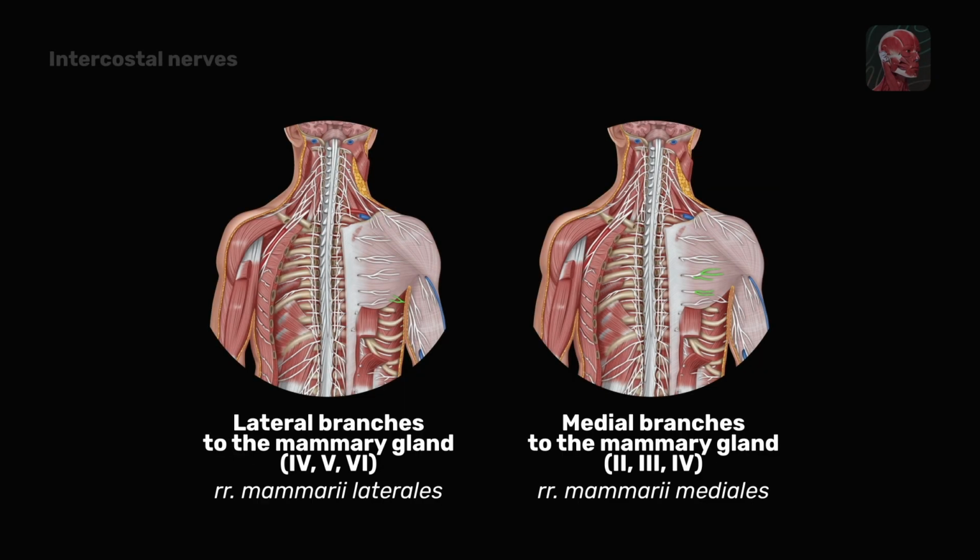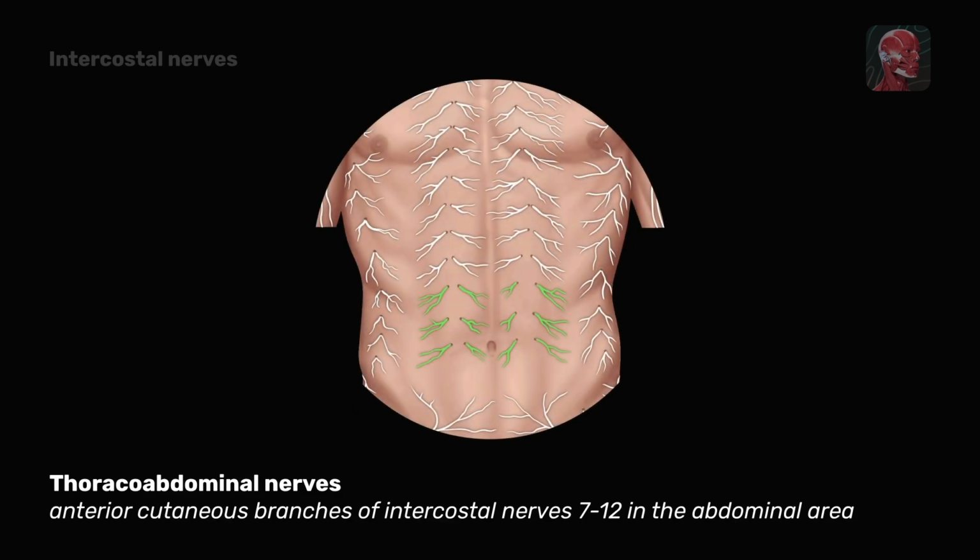The lateral branches 4, 5, and 6, as well as the anterior branches 2, 3, and 4 of the intercostal nerves innervate the mammary gland, forming lateral and medial branches to the mammary gland. Nerves from the 7th to the 11th and the subcostal nerve continue to the anterior abdominal wall as the thoracoabdominal nerves.